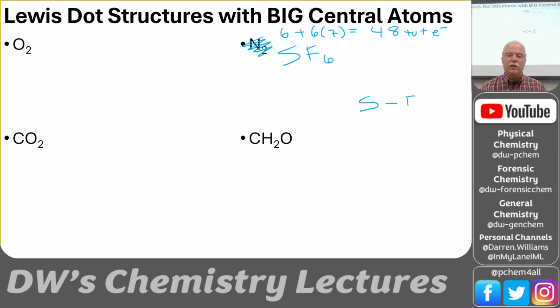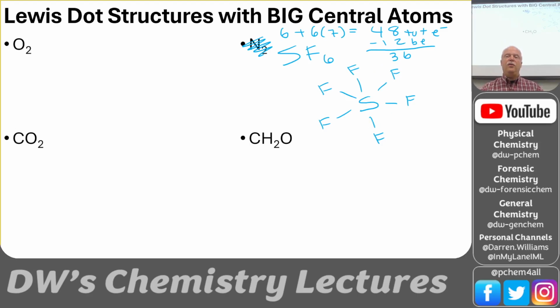So 1, 2, 3, 4, 5, 6. All right, so 6 single bonds. How many electrons is that? 12. Okay, so we subtract 12 bonded electrons, so we have 36 left.